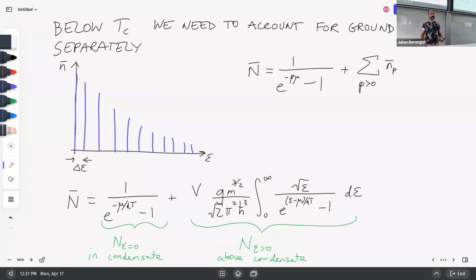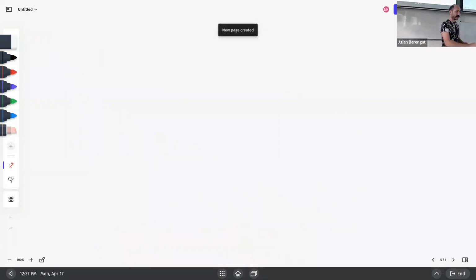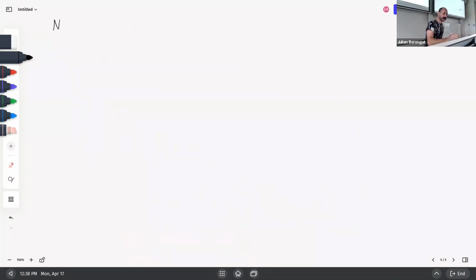But at low temperatures, it's critical because they're all hanging out there. Suddenly everyone's gone into the ground state, so we need to account for it separately. How many particles are not in the ground state? And then we'll work out the number that are by subtraction.